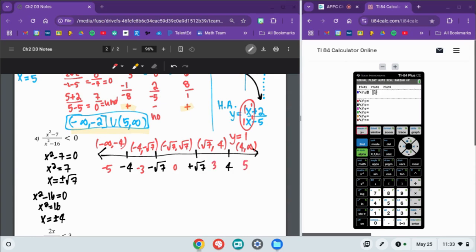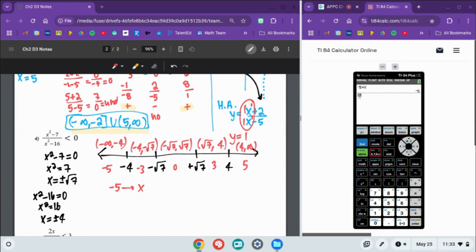All right, but let's do this a different way. So I'm going to go back to the main screen, and let's test -5 first. So I like to store different values into a variable. So I'm going to do -5 and then hit the store button, and I'm going to store that in for x. So now I'm going to do alpha y equals, and I'm going to type in the expression.